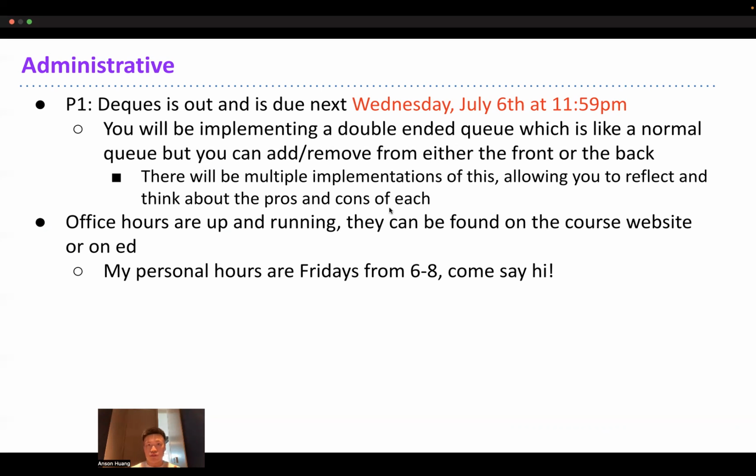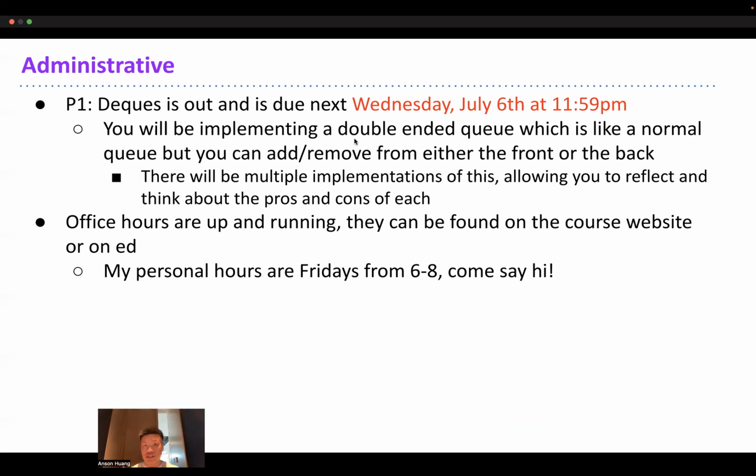And to give you practice with understanding runtime and how one implementation is better than another, you all will be implementing multiple implementations of this, allowing you to reflect on the pros and cons of each. Like what happens if we implement a linked list compared to an array?